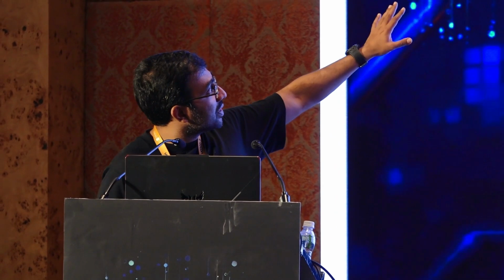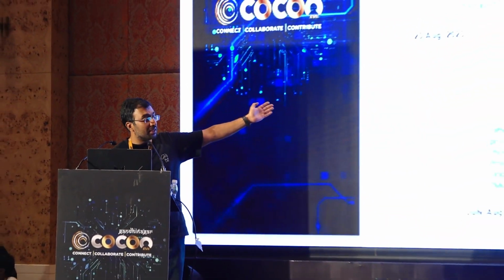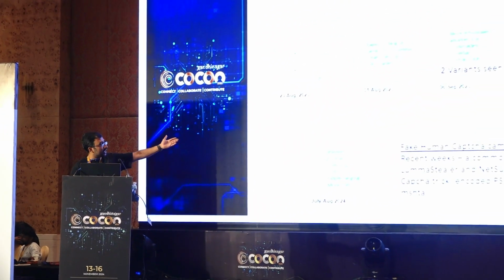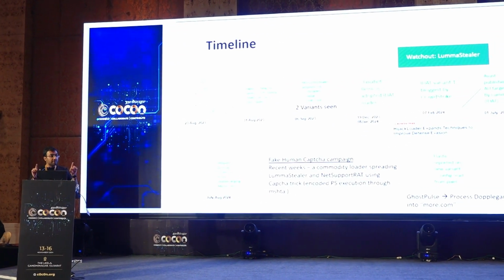A timeline again. In August 2023, we saw it dropping Luma Stealer, queries were built, and then Rapid7 blogged about that a week later, saying that Luma Stealer payloads were seen dropped by IDAT. We started seeing Amadey, Vidar, and Raccoon being dropped by the IDAT loader. And that's when we saw two different variants of IDAT.